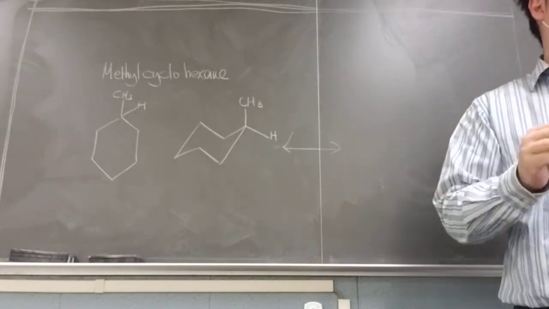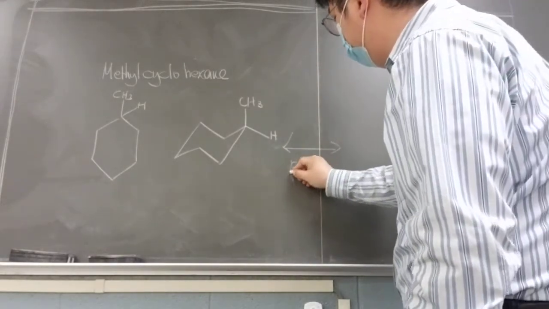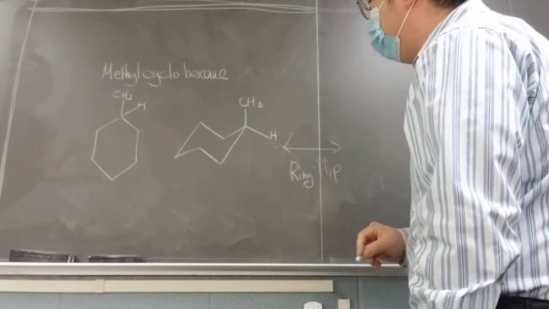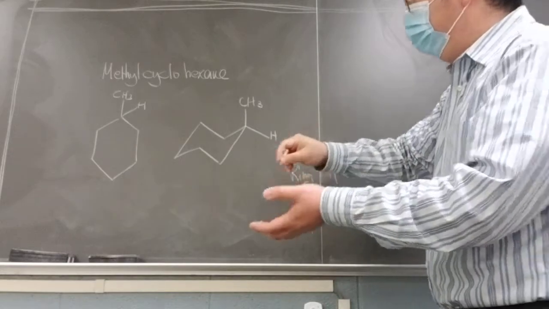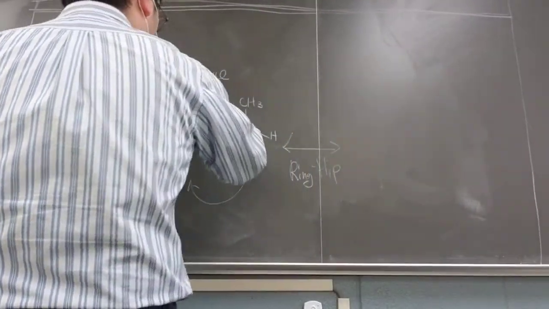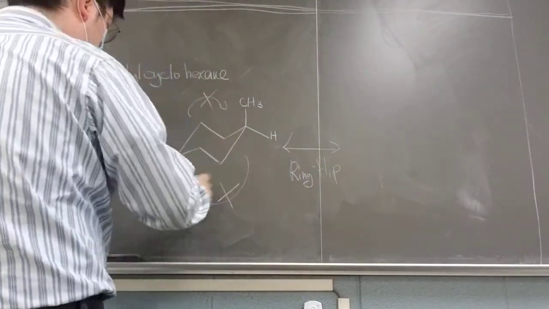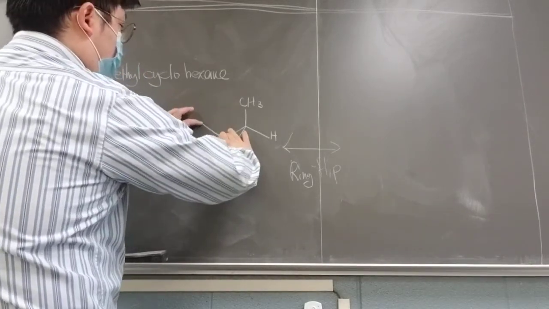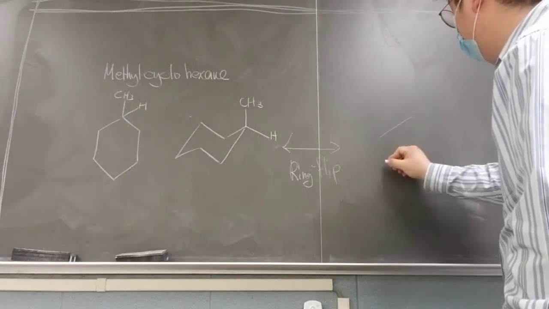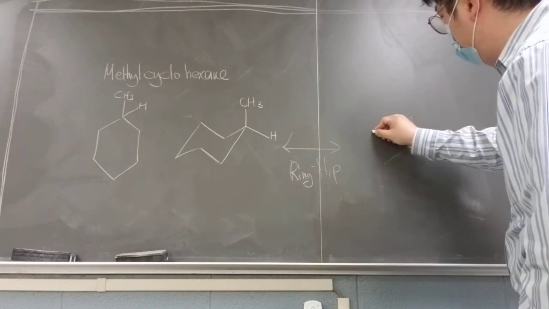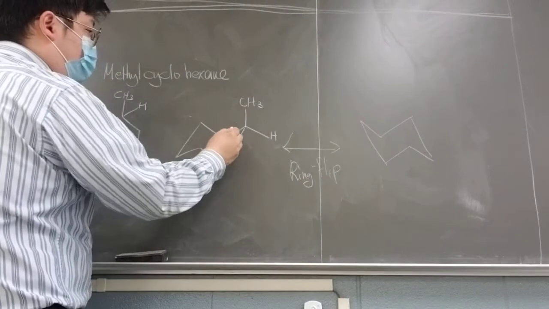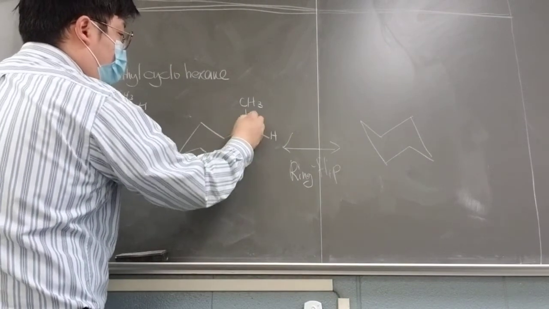And then let's try to think that we can do the ring flip here. So once again, it's not like we're flipping this one 180 degrees. That's not what we mean by ring flip. We're just going to switch this one and this one here. So let's try to do that too. Over here. If you look at this one very closely, this is obviously axial position.